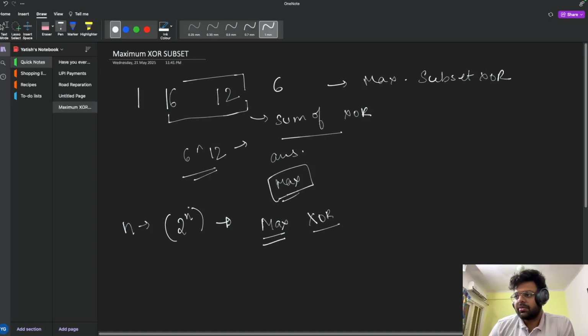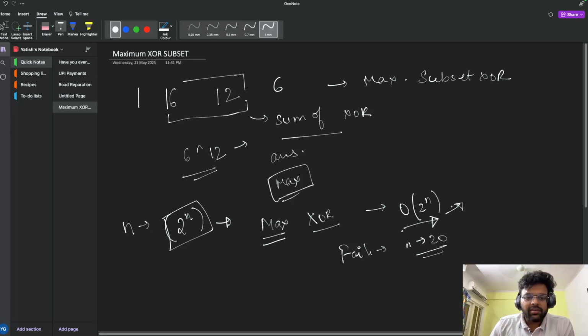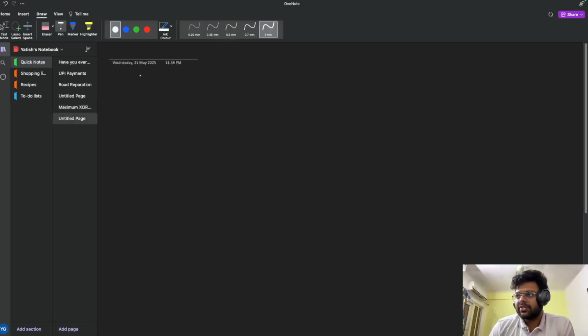So this would give me 2 to the power n complexity, and we know that this is not an optimized solution, as it would fail even for a small n. If n equals 20, it would go into a very large number, and this solution would not get accepted. Now let's see how we can actually optimize this solution.